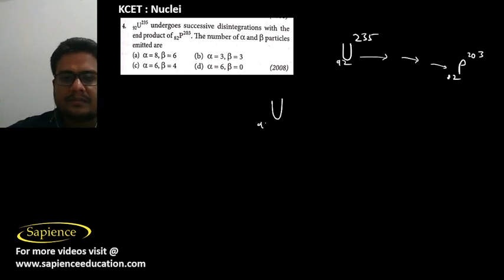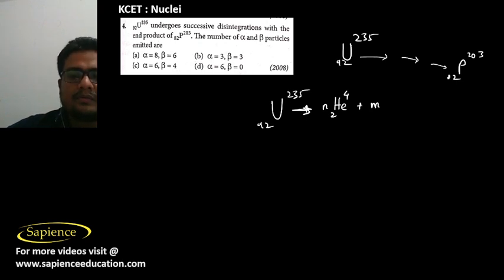So here from uranium 235, suppose n number of alpha particles are emitted, it means that it will be n He 4, 2, plus suppose m number of beta particles are emitted. So this will be beta, which is e, -1, 0, plus it will be lead 82, 203.